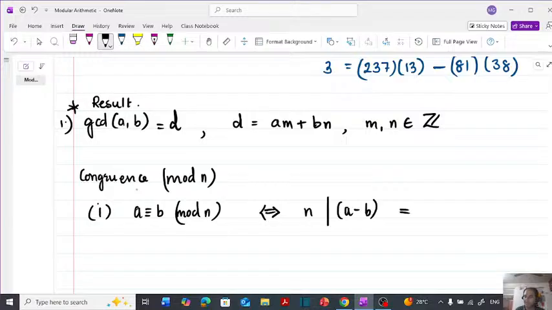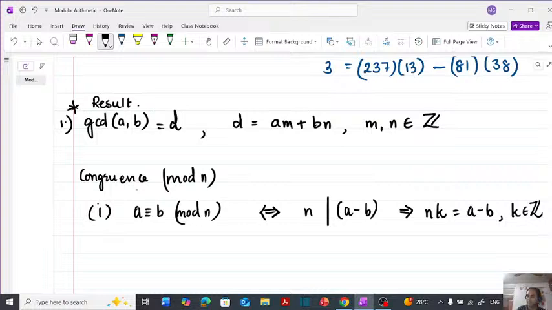Or, a further understanding is that there exists k belonging to integers such that n times k is A minus B.